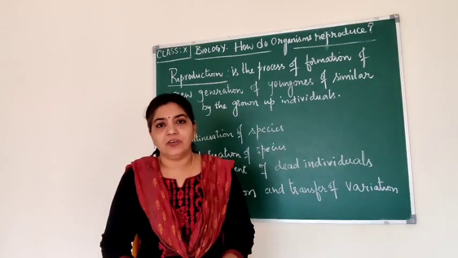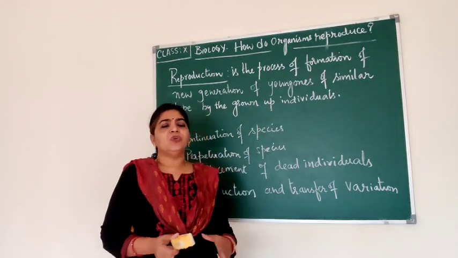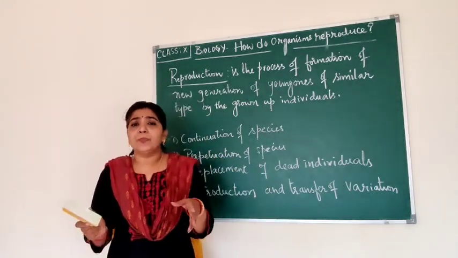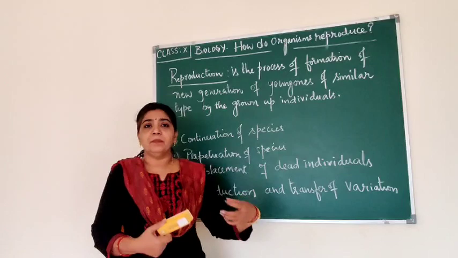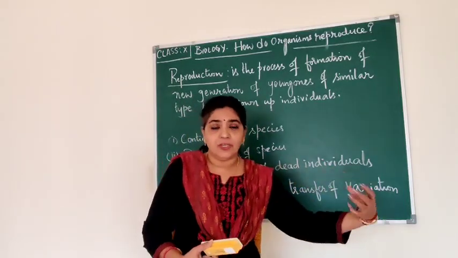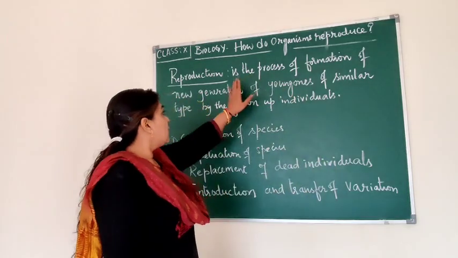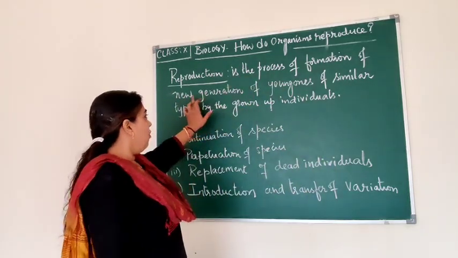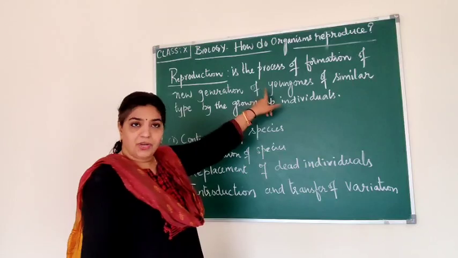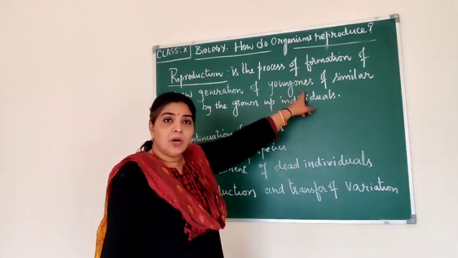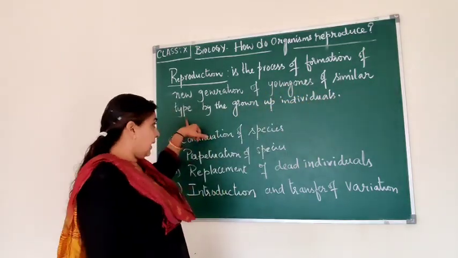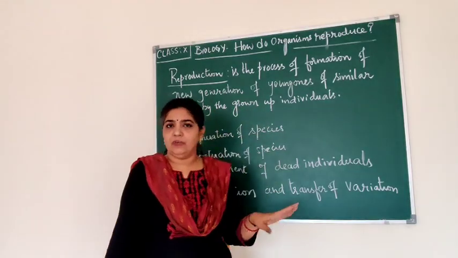So you know the definition for reproduction. What is reproduction? Usually we say reproduction is the process of giving birth to young ones of its own kind. Reproduction is the process of formation of a new generation of young ones of similar type by the grown-up individual.